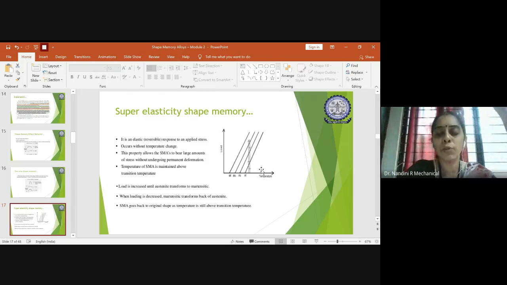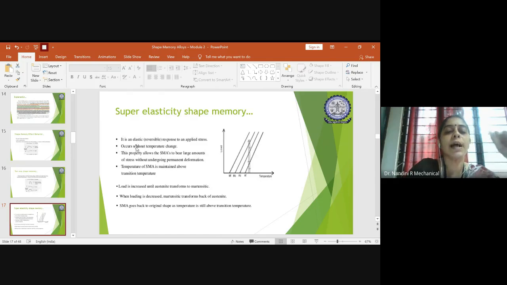It can bear any amount of load or any amount of heat you subject it to, because it has the capacity to come back, and hence it has a very good elastic response. That means it is very good at having a reversible reaction so that it comes back to its original position. So this is one of the characteristics of super elastic shape memory alloys.